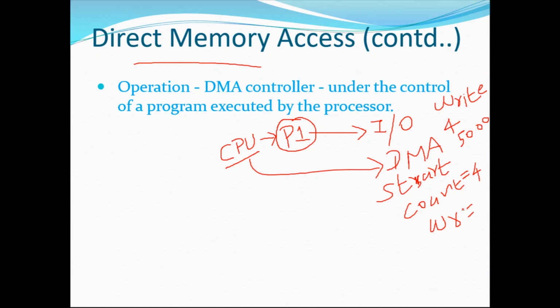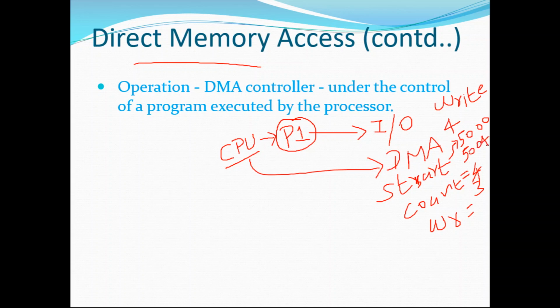So whatever data is produced by P1, the first byte will be written to 5000. After writing to 5000, the count will decrement to 3. Then the next byte will go to the next address. Starting address 5000 means the next address will probably be 5001 or 5004, depending on the scaling factor.